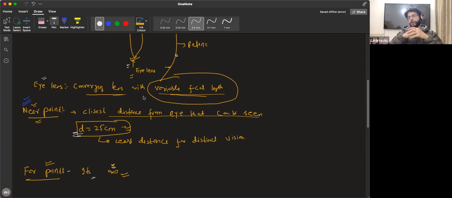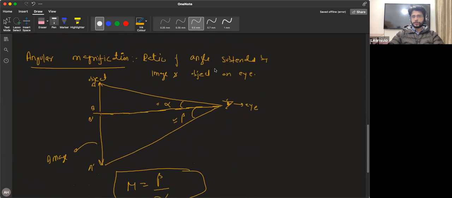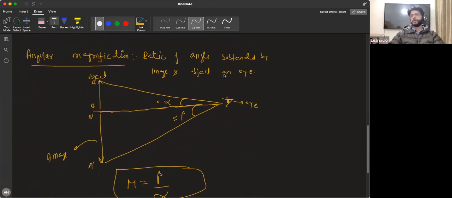I'm repeating again: we will be doing angular magnification in optical instruments. It's the ratio of angle, not the ratio of heights.